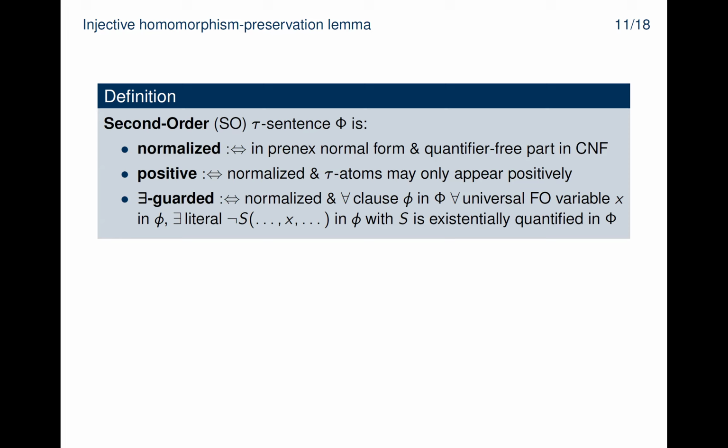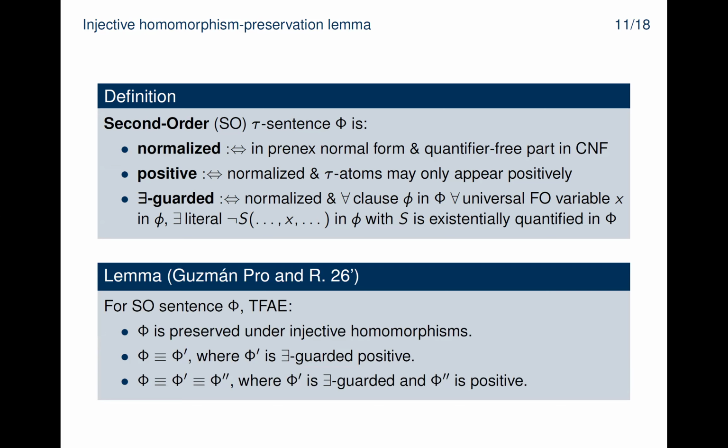So this somehow means that if you look at evaluation of second-order sentences as a game between an existential and a universal player, the existential player has control over the universal first-order variables.